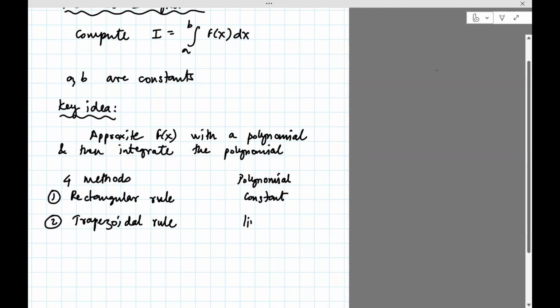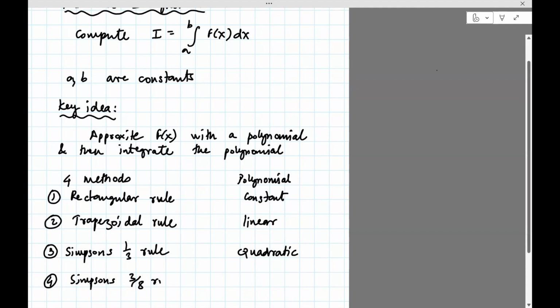The trapezoidal rule will give you a linear polynomial. There's something called Simpson's 1/3 rule. The 1/3 will show up in the function which we write, but that function is quadratic. And then the fourth one is called Simpson's 3/8 rule, in which case you use a cubic polynomial.